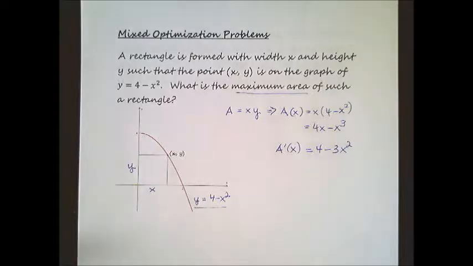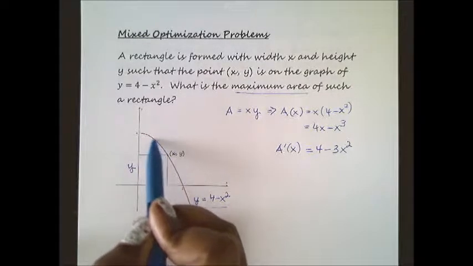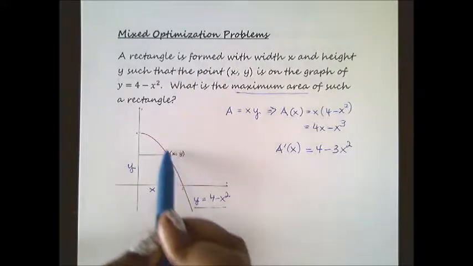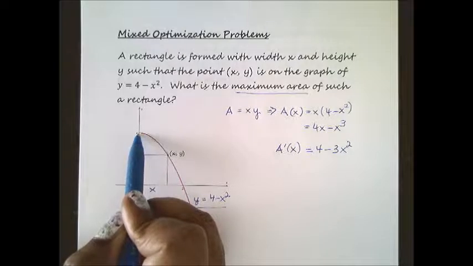Now this might be a good time to note that x can't be any value, right? The domain of this area function is not all real numbers. Because if you imagine us moving this point (x, y) up and down this curve, the furthest I can go where it would make sense would be up here on the y-axis, so x has to be bigger than 0.